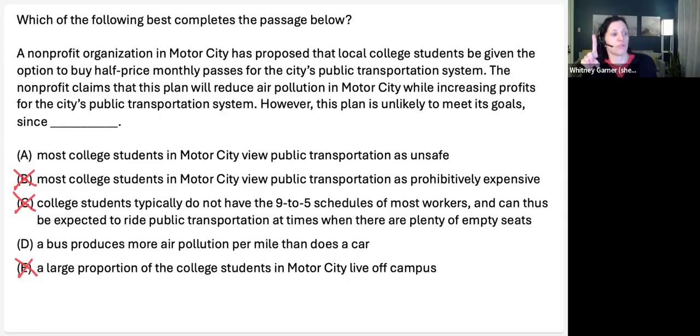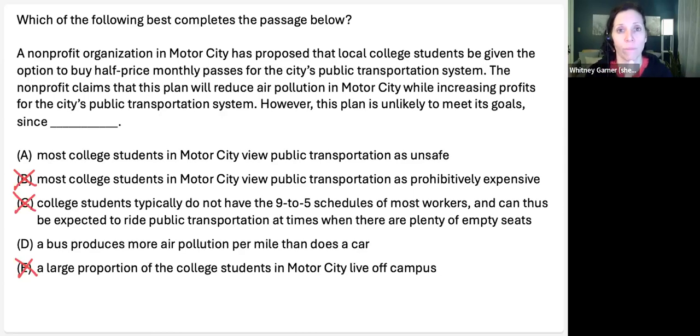A bus produces more air pollution per mile than does a car, but I'm trying to get more than just one student to ride the bus at a time. I want a bus to have 20 students on it or 30 or however big a bus is. And so it may be true that a bus produces more air pollution per mile than a car does, but does a bus produce more air pollution than 20 cars?